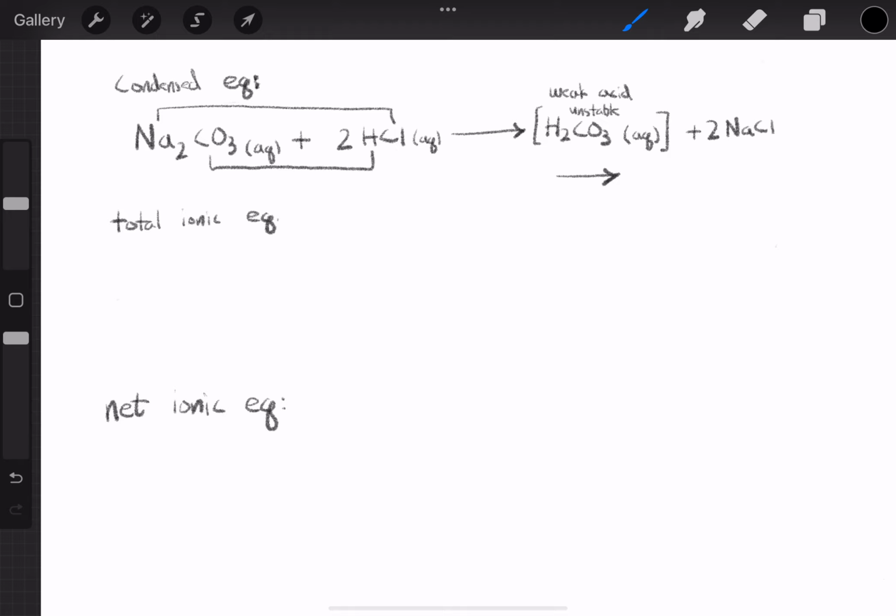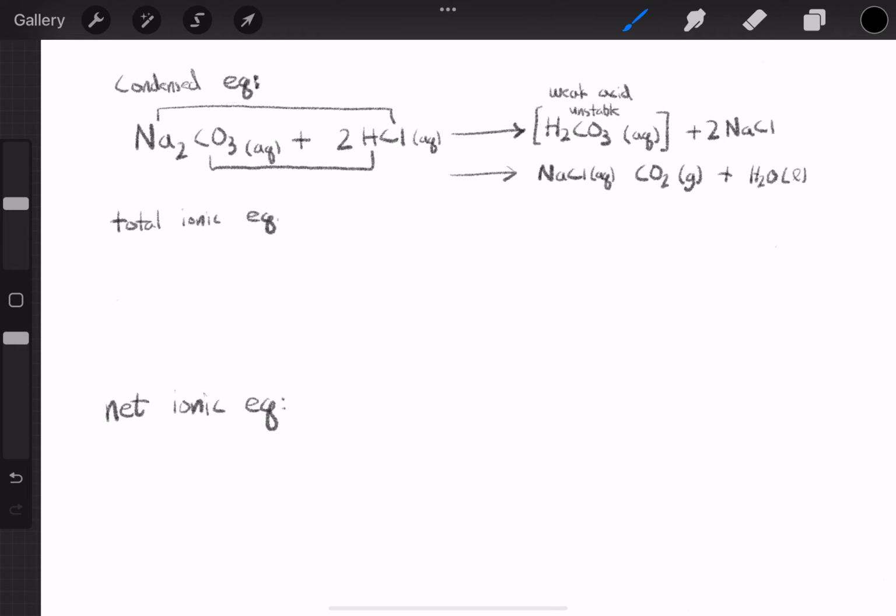That gas actually turns out to be CO2. So this compound H2CO3 actually turns into the gas CO2 and water. So the complete reaction would be CO2 gas plus H2O plus sodium chloride.